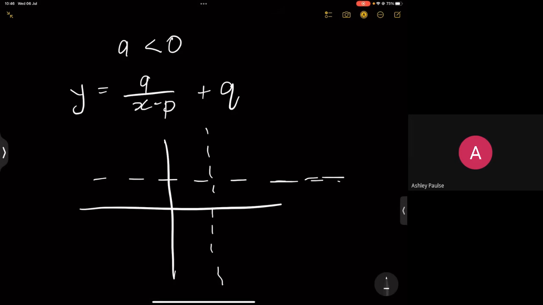If your a is less than 0, your hyperbola would now be in the second quadrant as well as in the fourth quadrant of your, I like to call them, shifted axes. In a sense, it's almost like you've taken the x and the y axes and you've shifted them, in this case, by p and q.